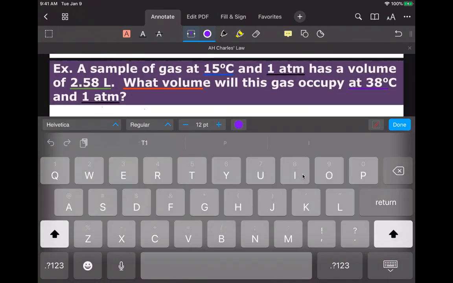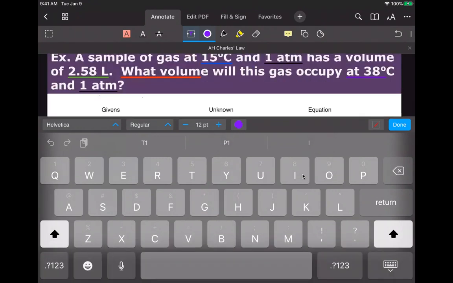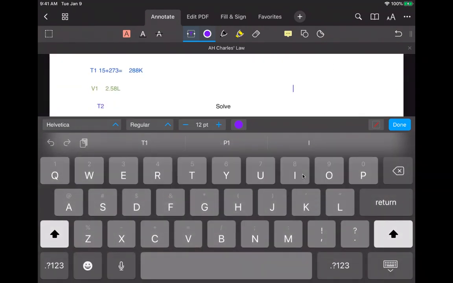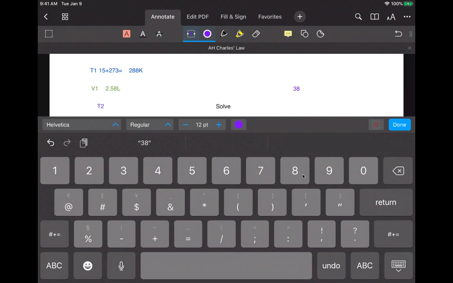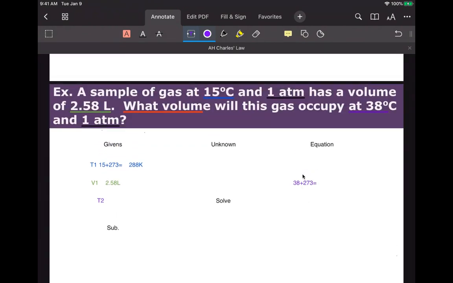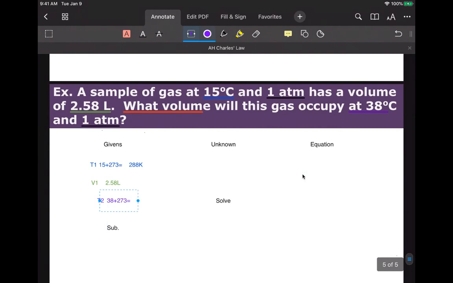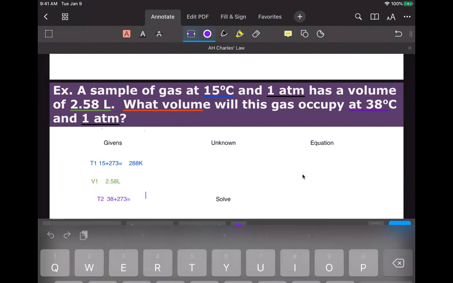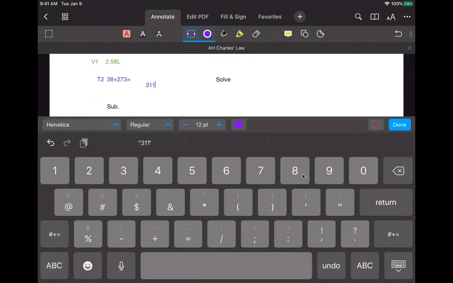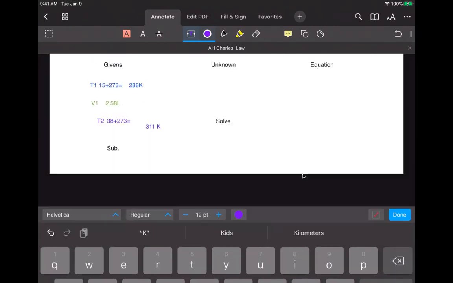The T2 is 38 degrees Celsius, but once again, it cannot be in Celsius. So we're at 273. We'll go ahead and move that to the right side of our chart here. And we add that together, we get 311 Kelvin for our temperature.